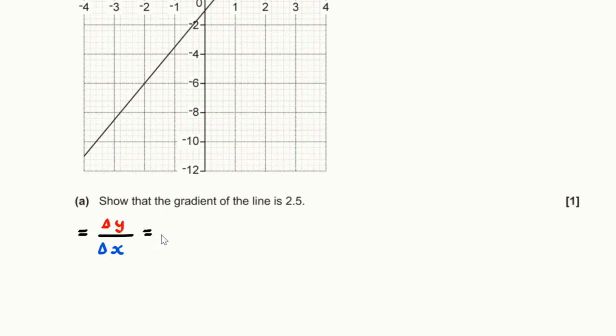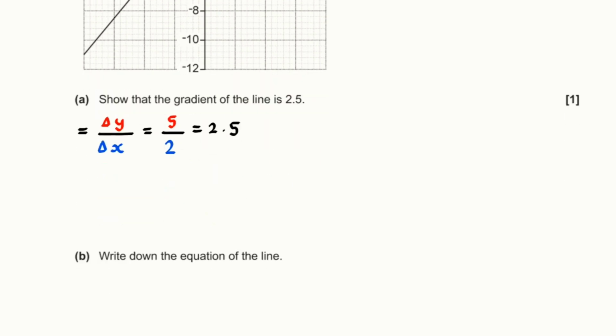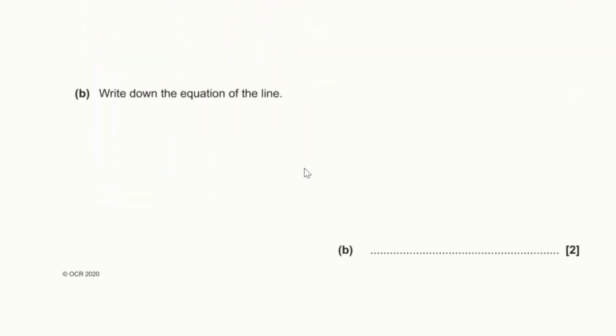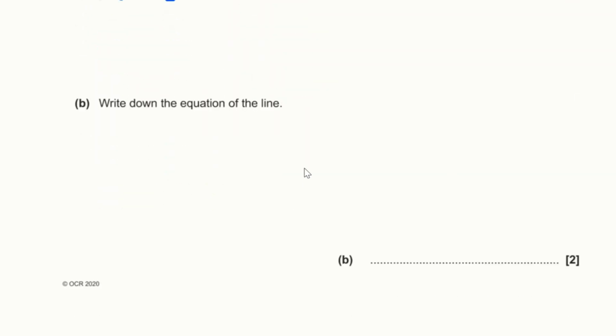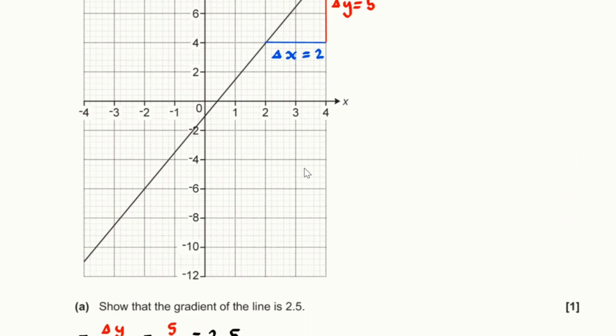So I've got the change in y, 5, the change in x, 2. So it turns out the gradient is therefore equal to 2.5. And then it says, write down the equation of the line. We need the y-intercept. The y-intercept is here.